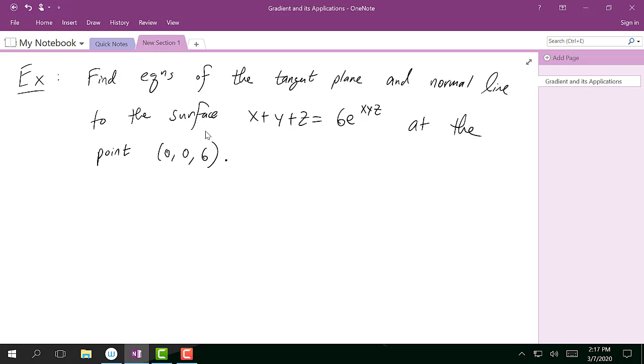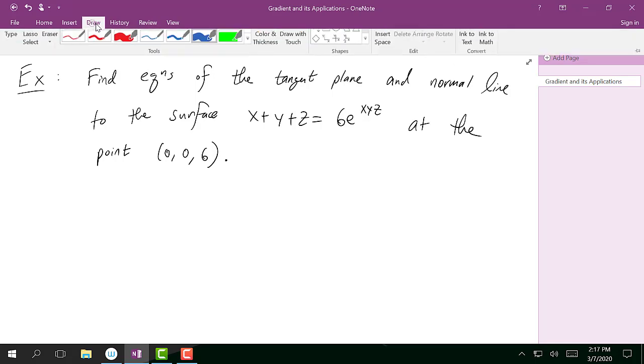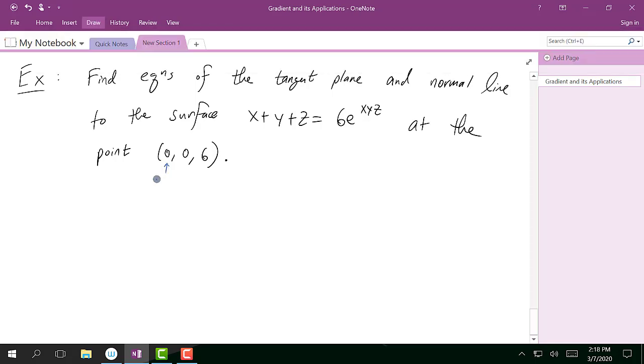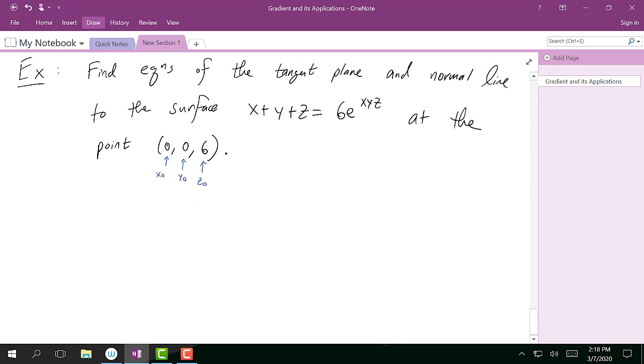And again, what we're going to do is start by naming what we have. So this point's going to be x naught, y naught, z naught. So we're going to start here. Let's go ahead and start by creating our function capital F of x, y, z. What we can do is take x plus y plus z minus 6 times e to the xyz.